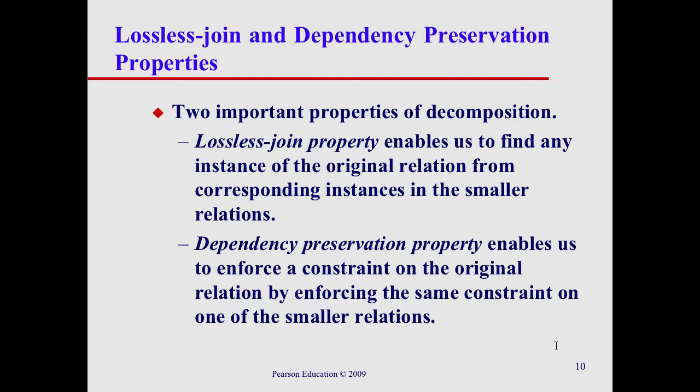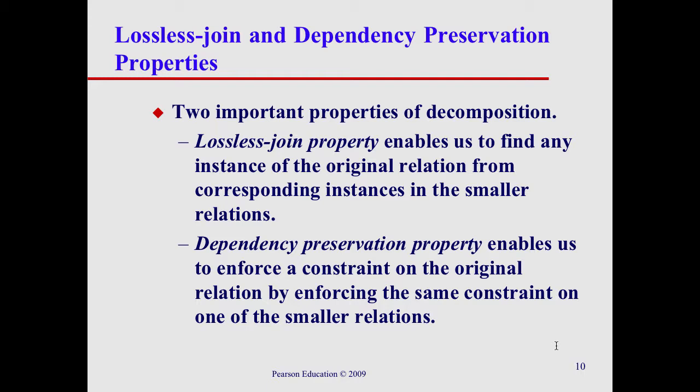One is called a lossless join. When we decompose a relation into two or more subrelations, we should be able to join those subrelations back together and obtain the original relation without losing any information. And the way we do that is with foreign keys. So we call that the lossless join property.